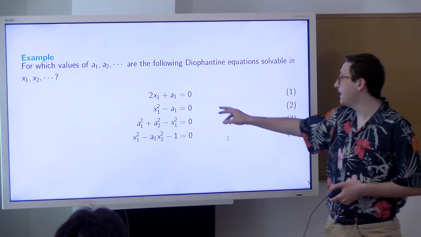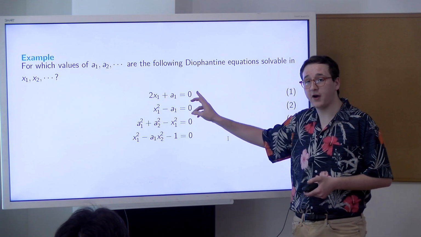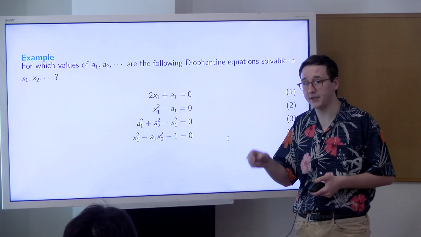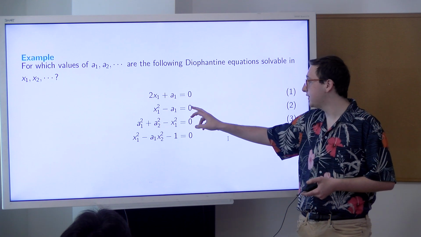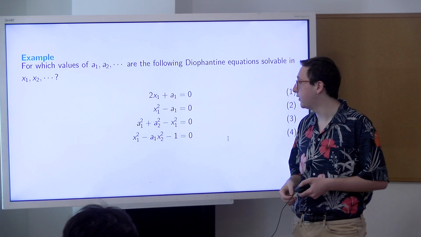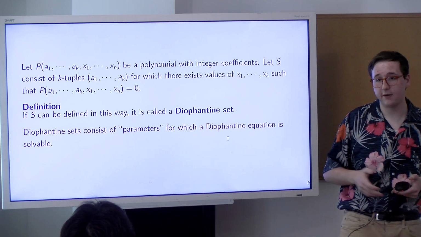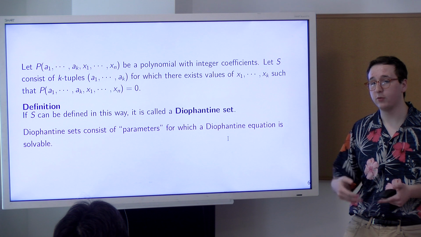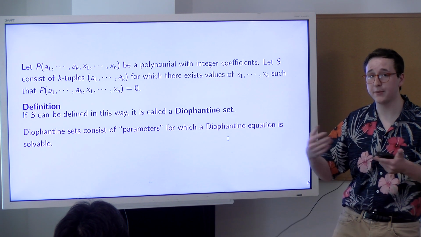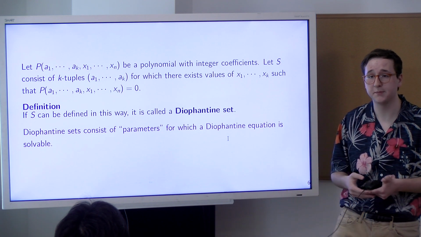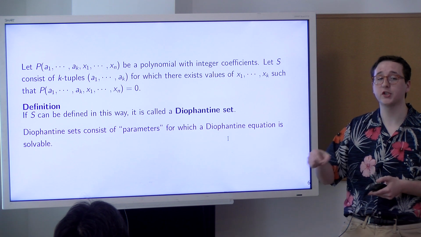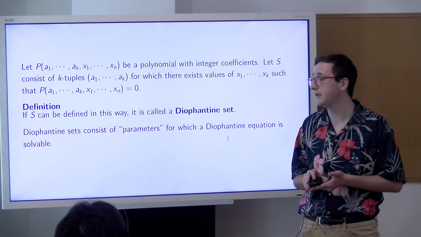For this first example, this polynomial defines the Diophantine set of even integers. This one, the Diophantine set of perfect squares, and so on. Does that make sense? The Diophantine sets parameterize the space of those parameters for which there exists a solution to the polynomial.